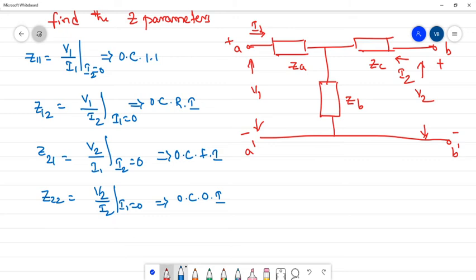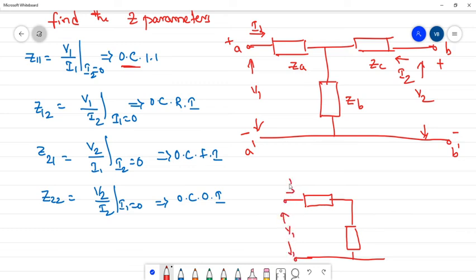So how to calculate Z11 here? Z11 is V1 by I1 at I2 equal to 0. So we need to calculate at open circuit, which means we should not short the ports. Open circuit means the ports will be open, and the output current should be equal to 0 in order to calculate Z11. So once again I'll draw the circuit here. This is V1 and this is I1, with ZA, ZB.